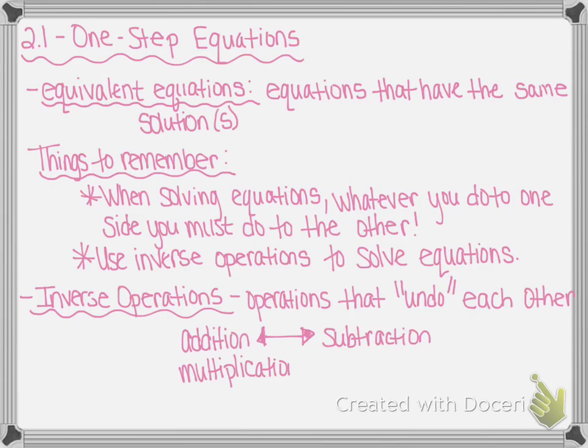The next set is multiplication and division. So if it says 3 times x, to undo that we would then divide by 3. And then the last inverse operation set we have, we're not going to be working with for a while, but I do think it's worth writing down: a square and a square root. So if you have an x squared, the way to undo that would be to take the square root of that.